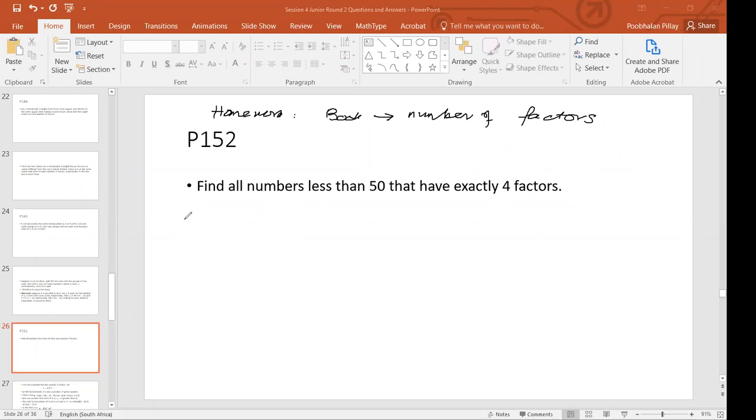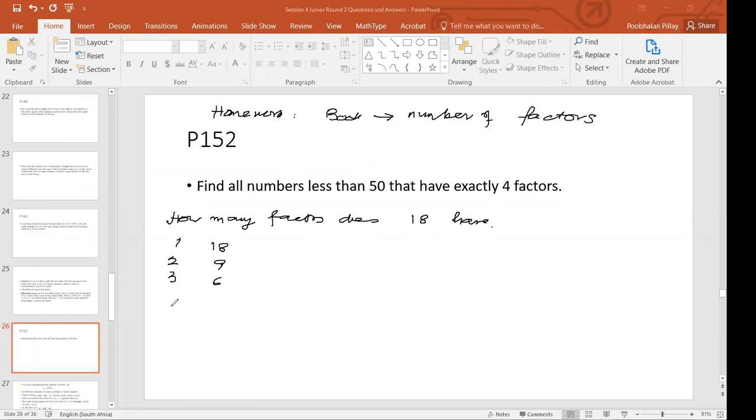Suppose you want to work out how many factors a number like 18 has. Well, 1 is certainly a factor, and the other is 18. 2, the other is 9. 3, yes, 3 times 6. 4 is not a factor. 5 is not a factor.